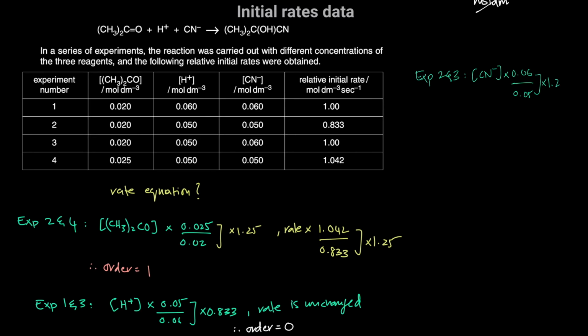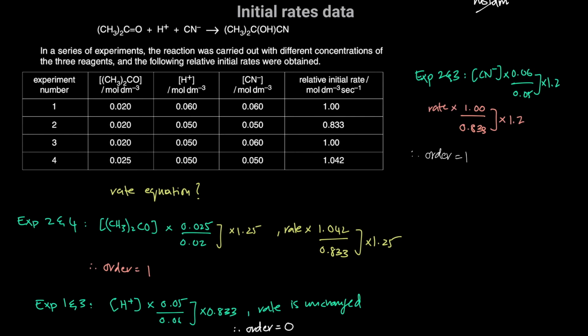The rate changes by a factor of 1.00 divided by 0.833, which is roughly also 1.2. Whatever factor we change the concentration of cyanide ions by, the rate is affected by the same factor. So it is order 1 with respect to cyanide ions.